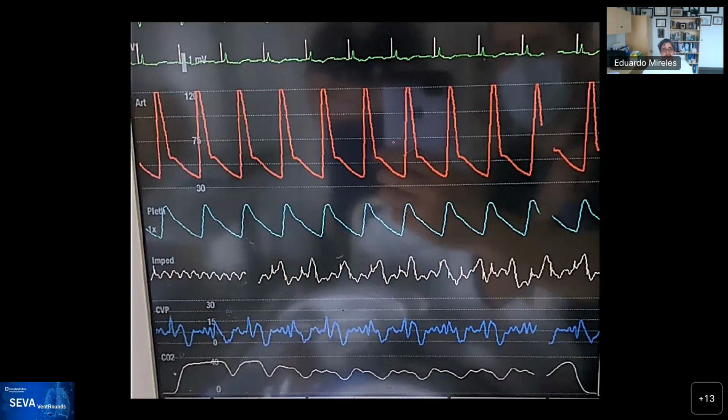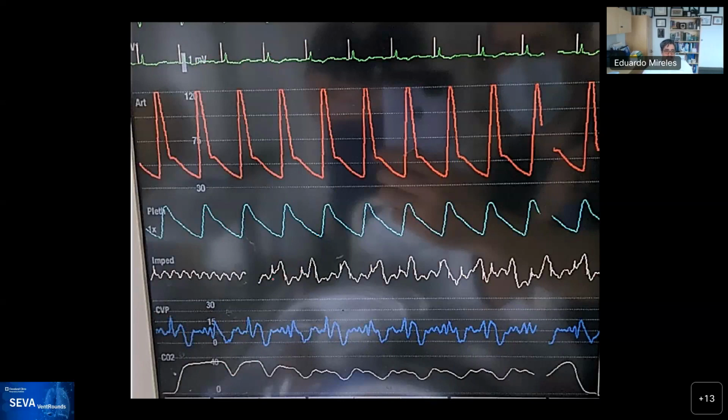So we grabbed the monitor, we connected an end-tidal CO2 transducer, and now you have here the central venous pressure, which is transmitting also the cardiac oscillations of the patient. You can see the pulse ox, the arterial line, and the EKG.